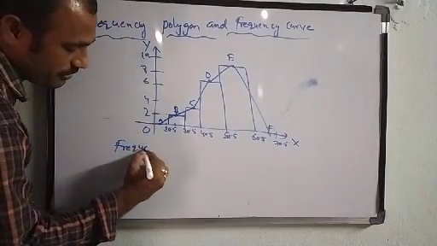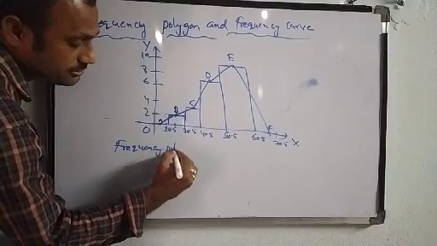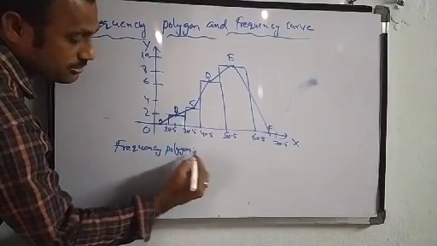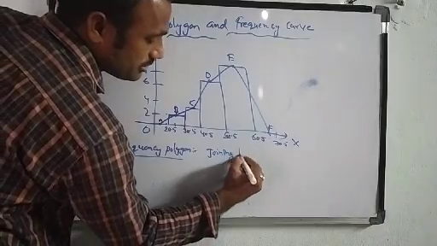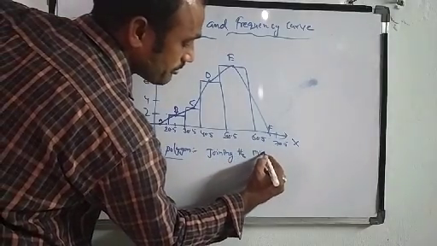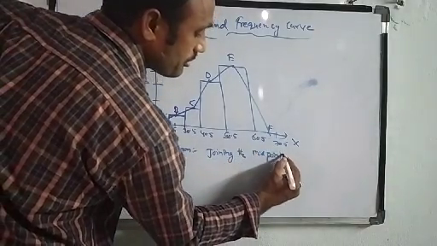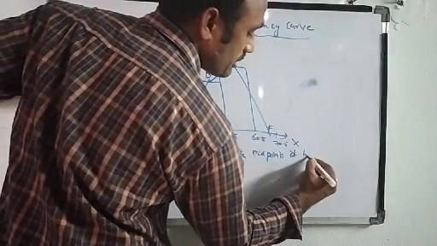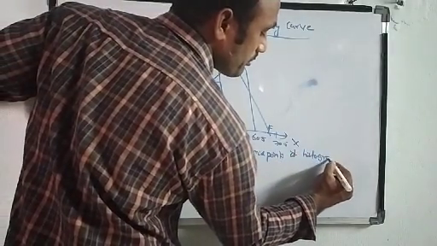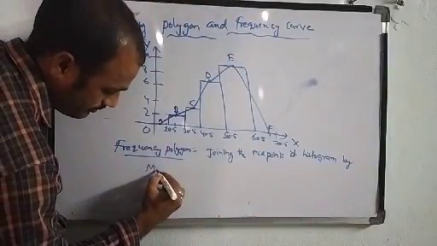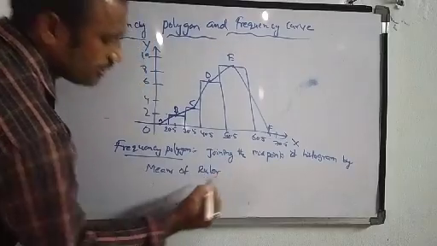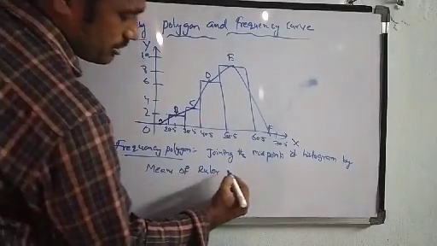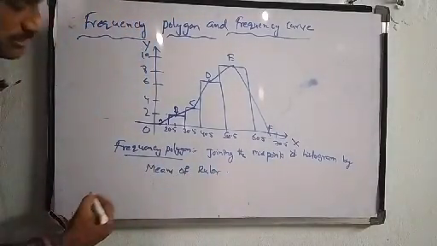So the definition of the frequency polygon is joining the midpoints of the histogram by means of a ruler, that is, a scale. We are going to call that a frequency polygon.